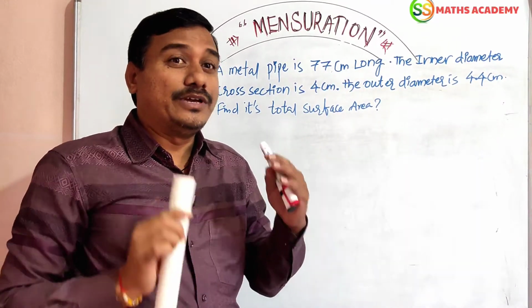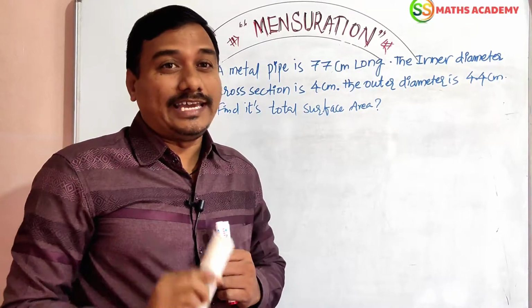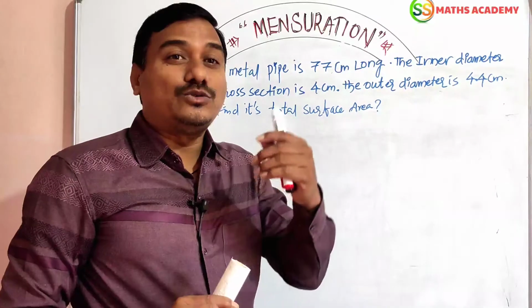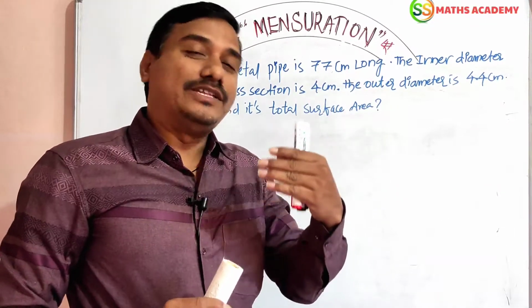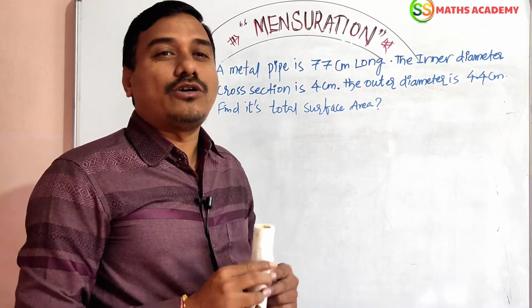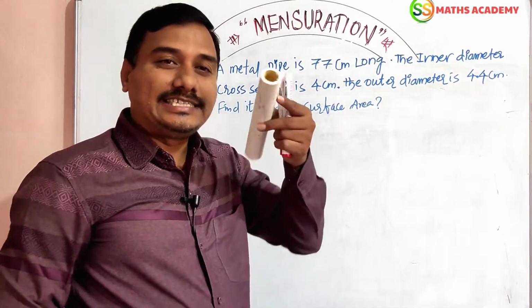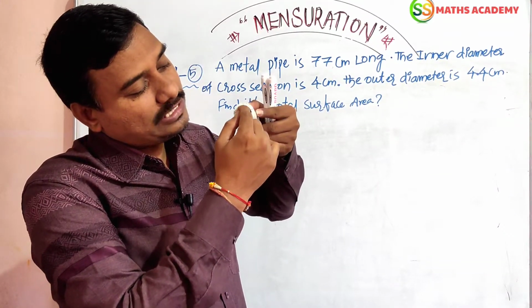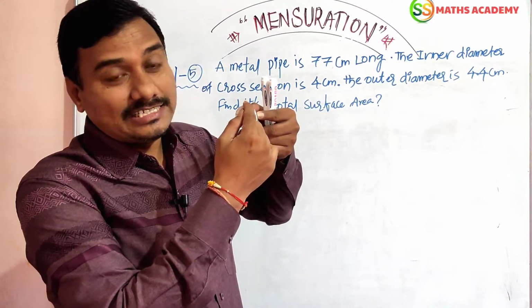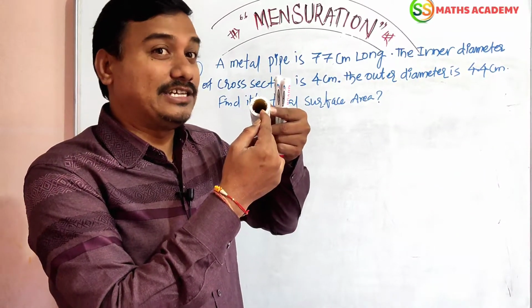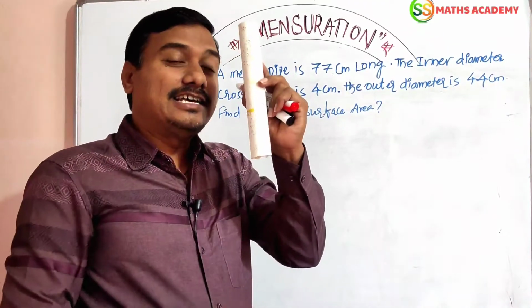A solid bounded by two coaxial cylinders with the same height and different radii is called a hollow cylinder. Example, a pipe. Here the inner cylinder is there, the outer cylinder is there. The inner cylinder has a radius, the outer cylinder also has a radius, a different radius, and the height is the same.